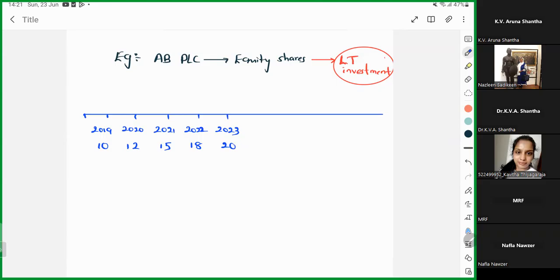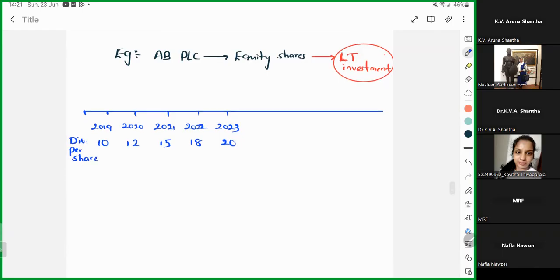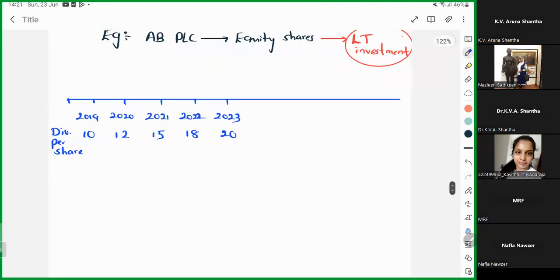Now this is the company's dividend per share over the last 5 years. Now you observe the pattern of dividend payment. You see, over the years, the company has increased the dividend per share.